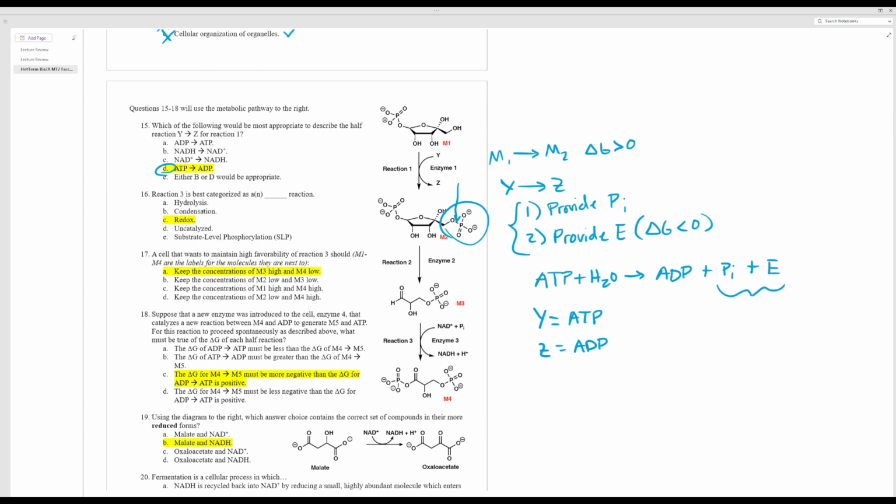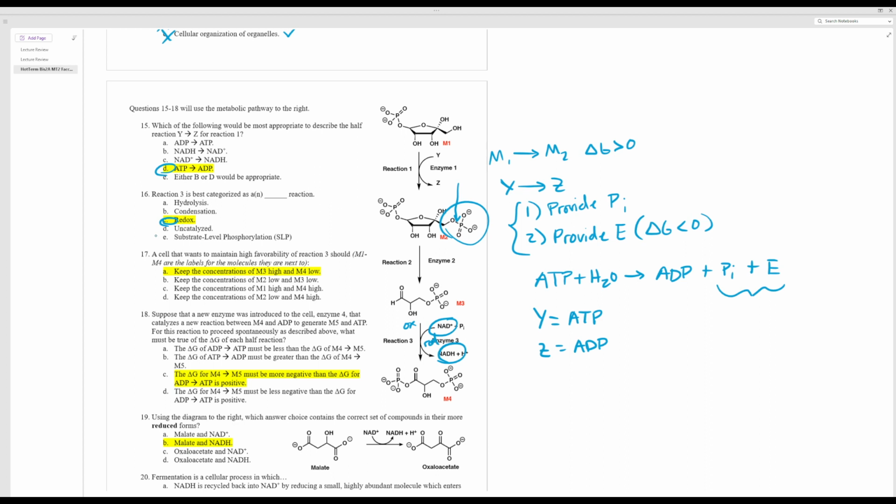Question 16. Reaction 3 is best categorized as, let's see, we're adding a phosphate group on, but we also see NAD plus going to NADH. That's a reduction reaction, which means M3 to M4 must be an oxidation. So it's a redox reaction.